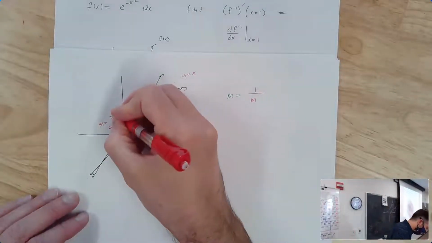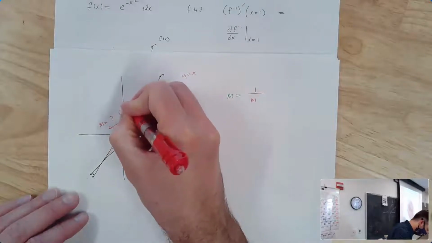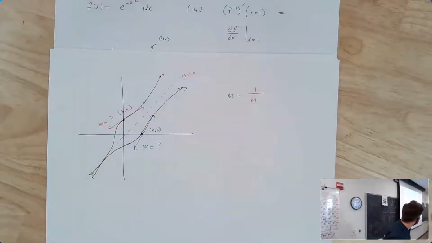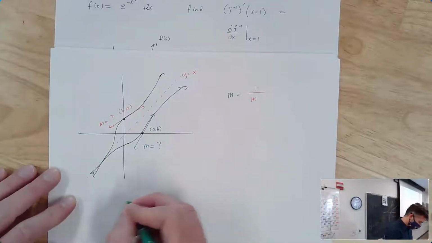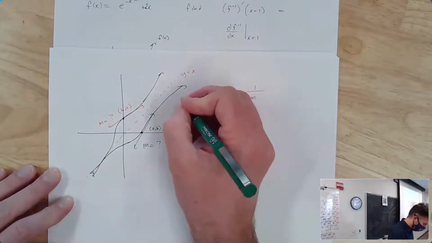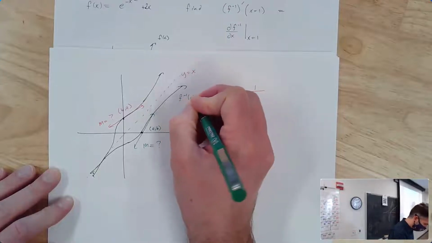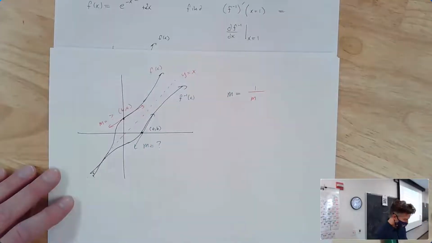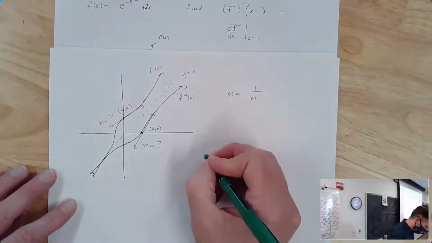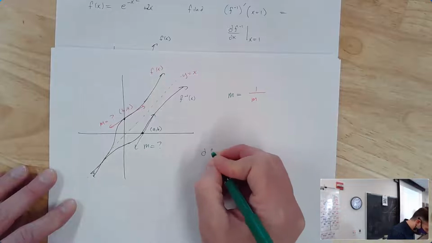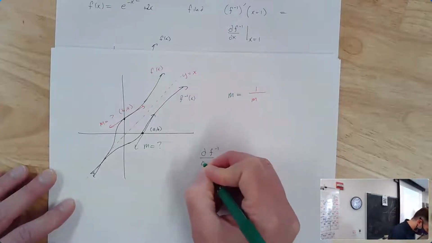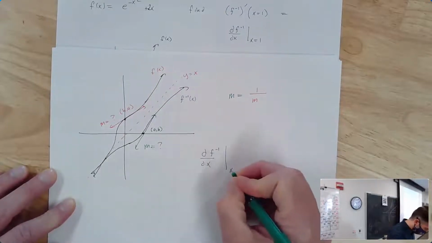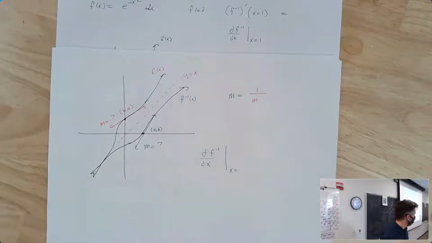This point over here is B comma A. So I'm really interested in finding, this is my F inverse of X, this is my F of X. And I want to find the derivative of F inverse with respect to X at X equal to what? On my picture here, is X equal to A or is X equal to B?